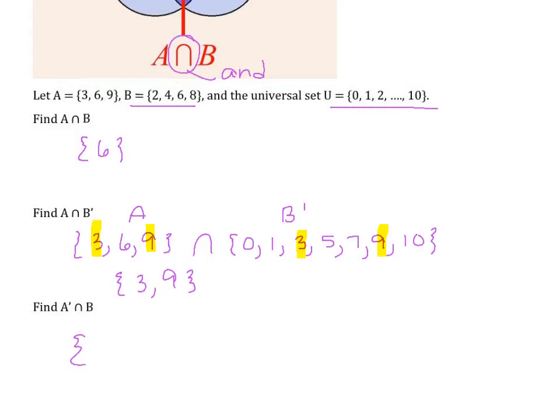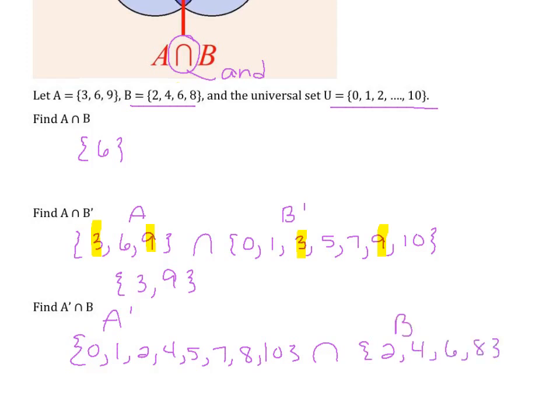The items not in A would be 0, 1, 2, skip 3, 4, 5, skip 6, 7, 8, skip 9, and 10. We'll intersect that with the items in B, 2, 4, 6, and 8.